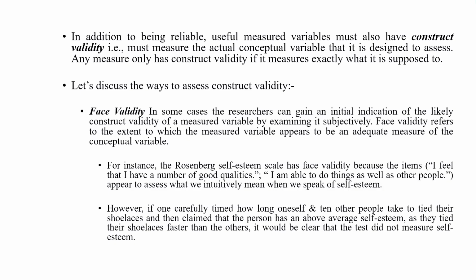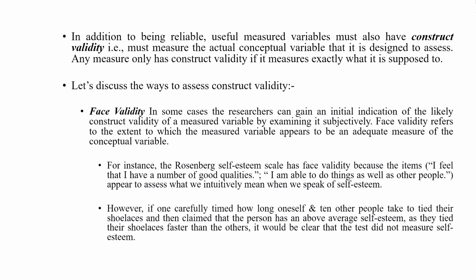For example, if you use a thermometer to measure temperature, and it measures temperature reliably over a period of time, it is a reliable measure. But suppose you use the thermometer to measure somebody's weight; obviously it is not going to have construct validity.